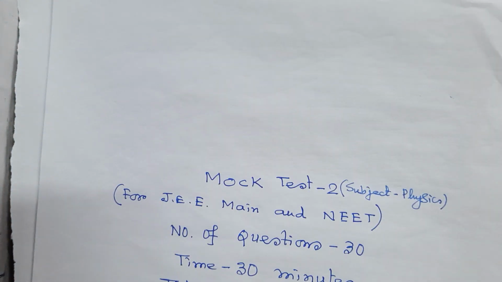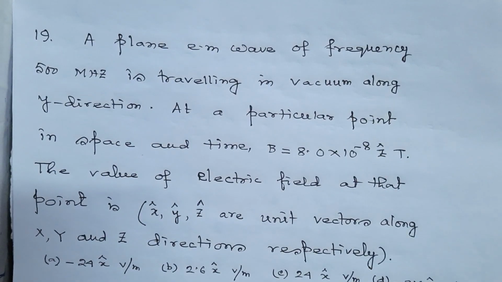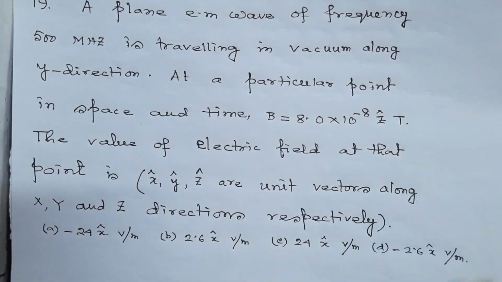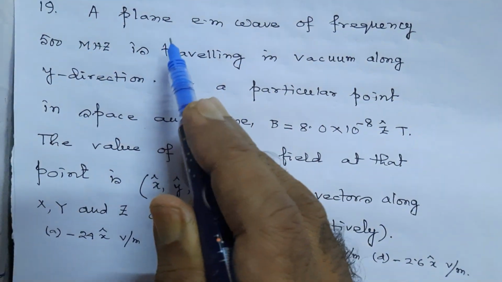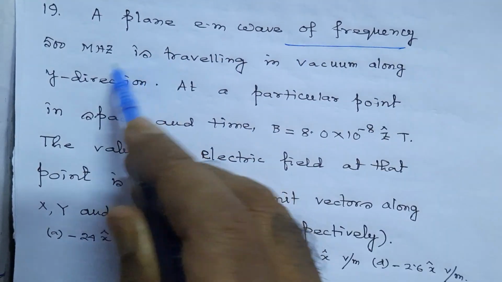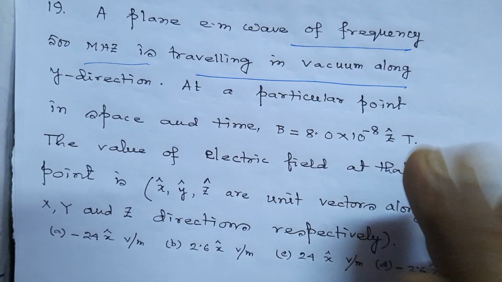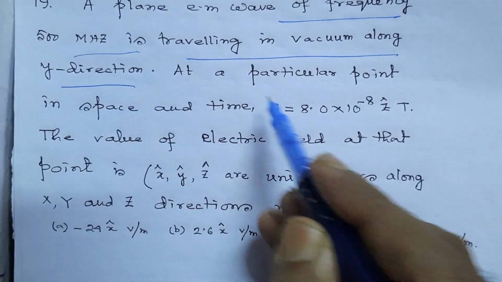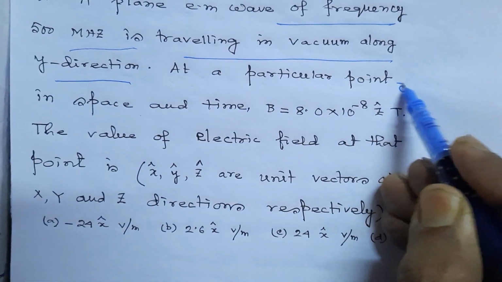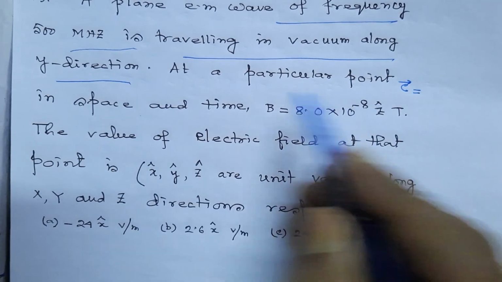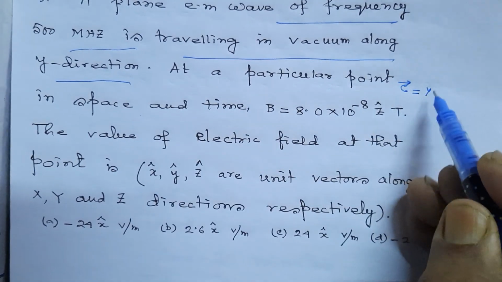Now let us see the next question, question number 19. What does it say? A plane EM wave of frequency 500 MHz is traveling in vacuum along the y direction. So the wave is propagating along the y direction.